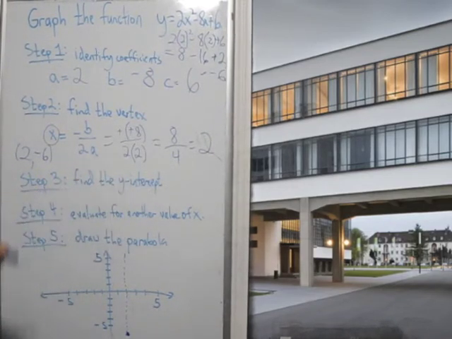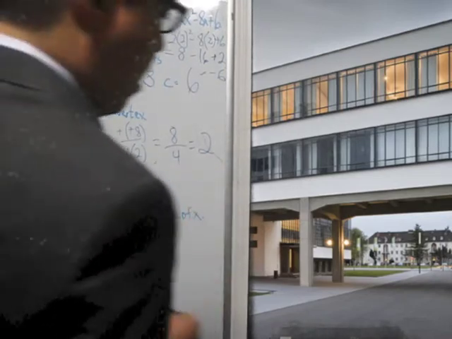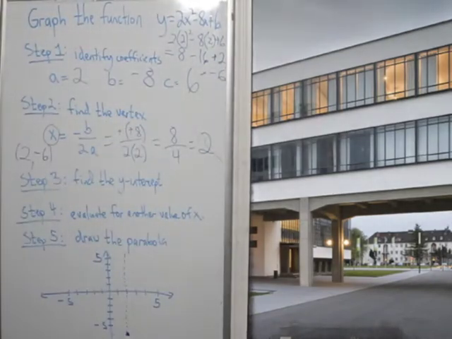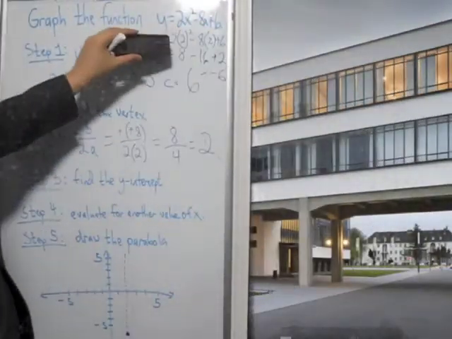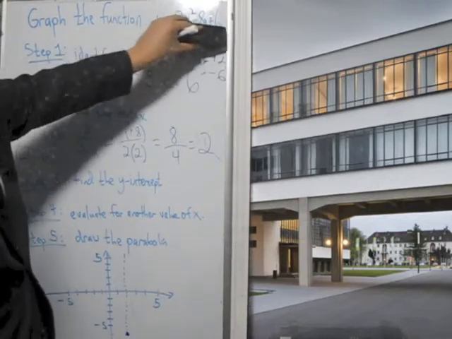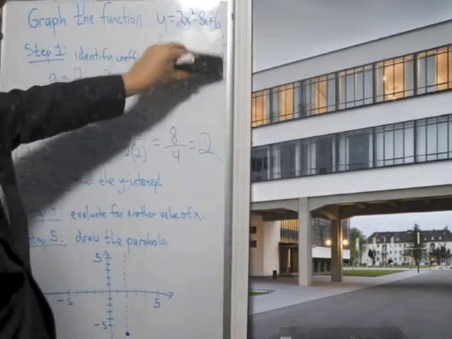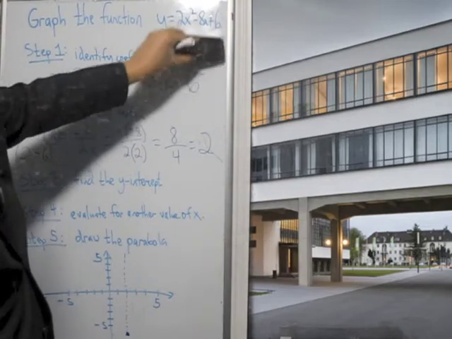Find the y-intercept. Finding the y-intercept entails setting x to 0. Because if you think about it, with this quadratic, if I make all the x terms 0, when x is 0, what is y?